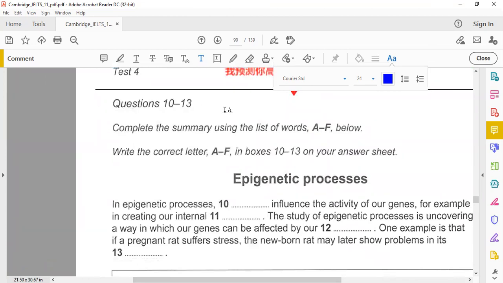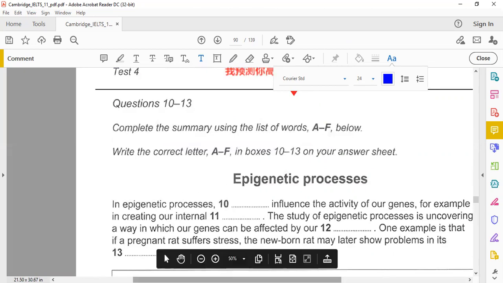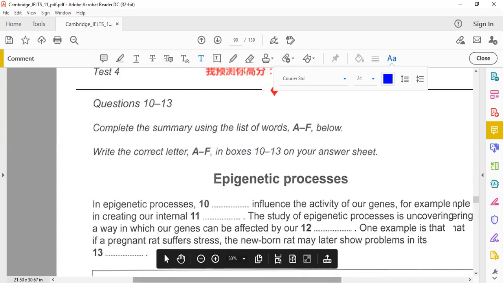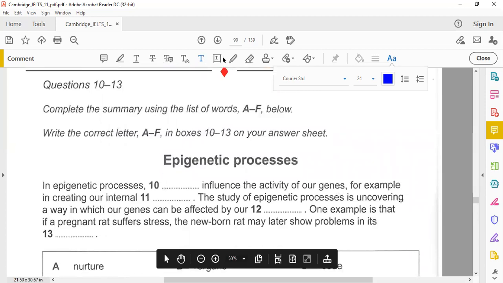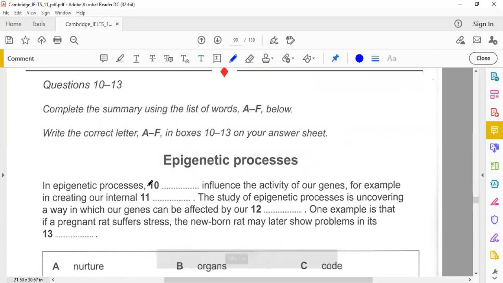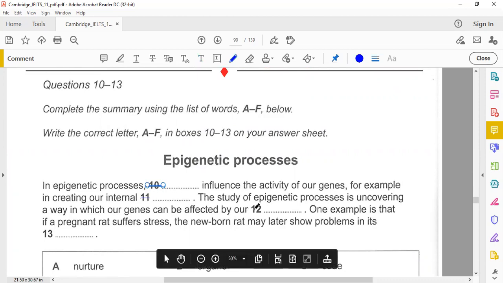Now questions 10 to 13: complete the summary using the list of words, each paragraph. The topic is epigenetic process. Now what to do? This is fill in the blanks. I'd advise you to first take a pencil and strike a line on each number, because sometimes they interfere with your thinking process, cause distraction and add to your difficulties.